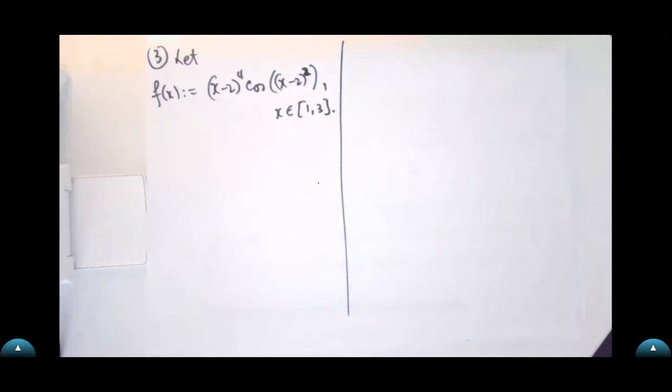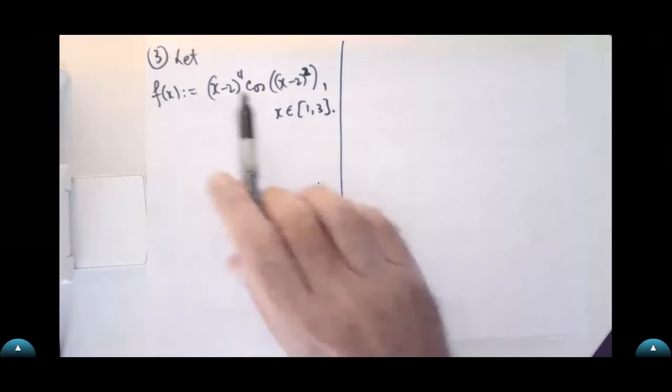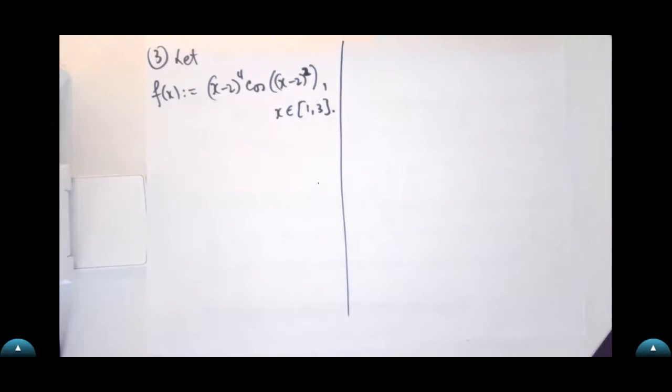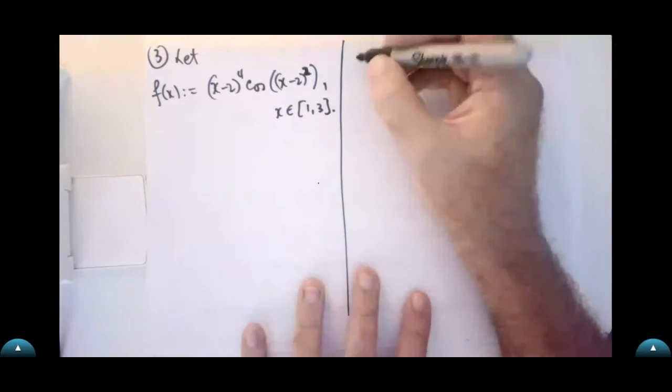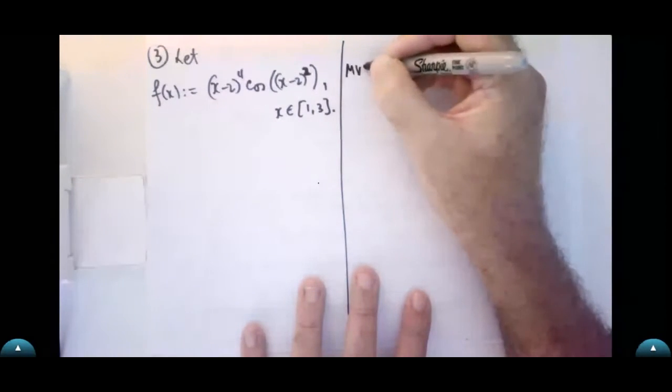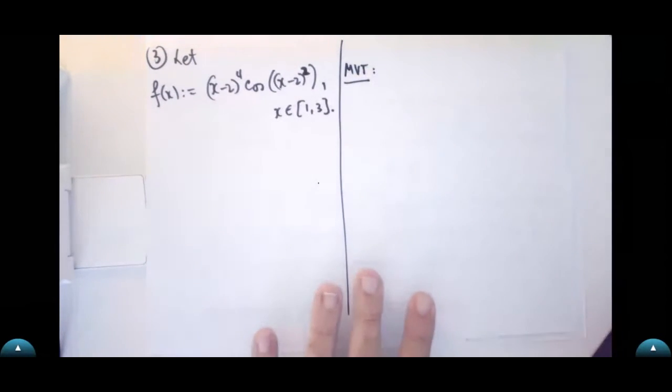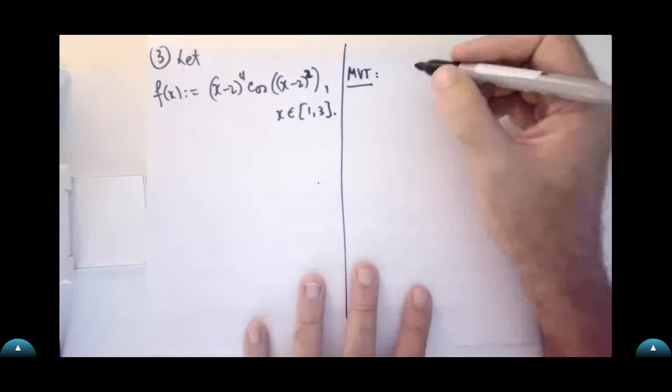Okay, so the question here is, does this function satisfy the conditions of the MVT? So the MVT has two kinds of conditions here.